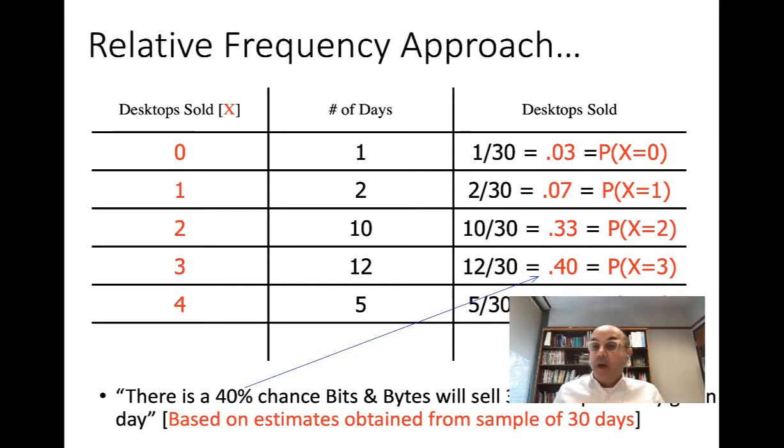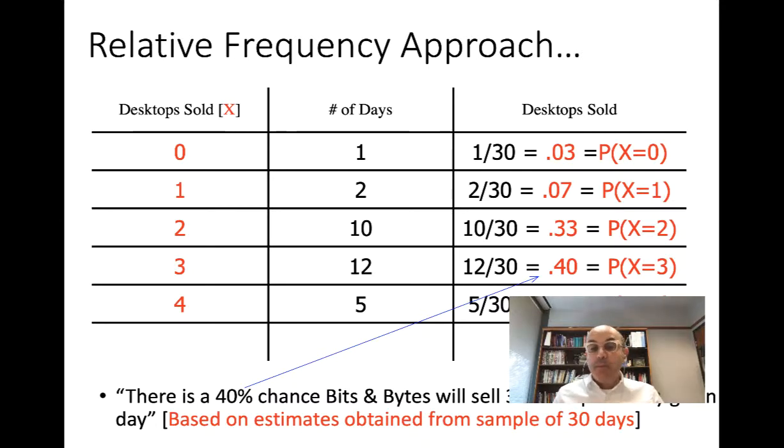So in relative frequency, that's what we are measuring. We are measuring the frequency based on days and based on sold desktops in order for us to make this prediction.